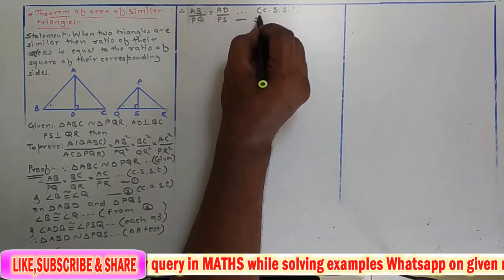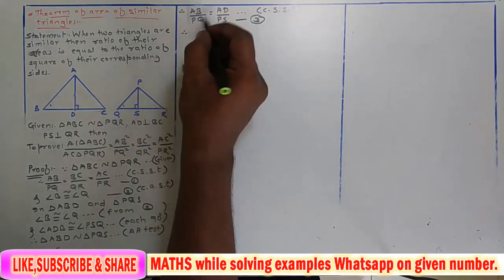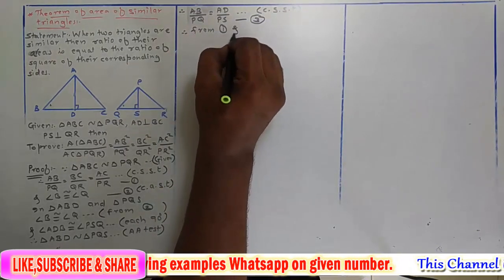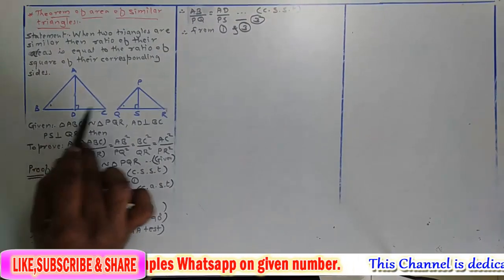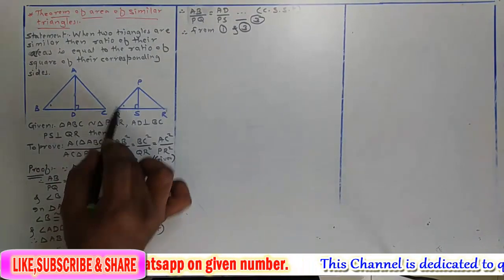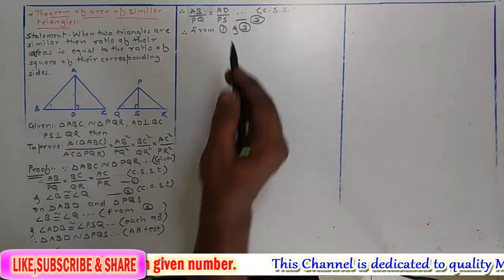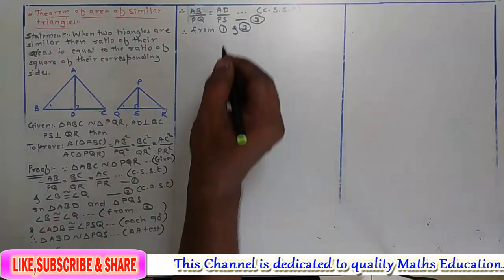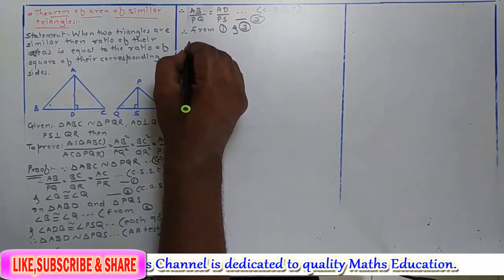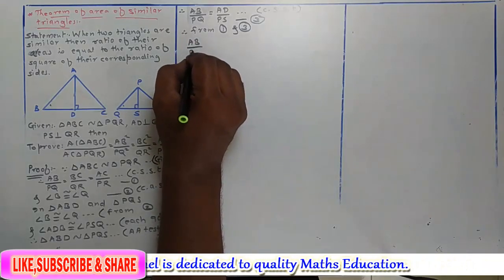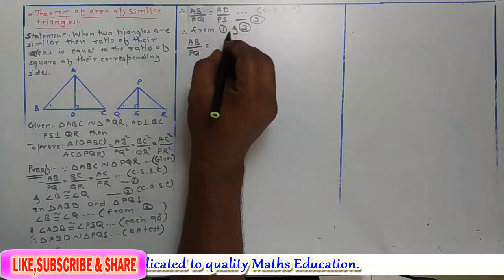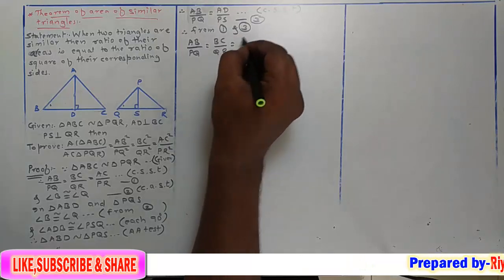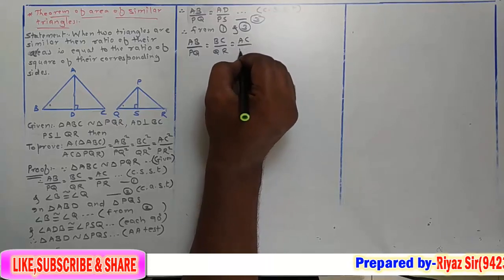इसको number देंगे equation number 3, and therefore from 1 and 3. अब यहाँ पे थर्ड रेशो BD अपॉन QS, इसकी जरूरत नहीं है अपने को, कहीं भी प्रूफ के अंदर उसका यूज नहीं हो रहा. ओके, सो वी कांट टेक दैट रेशो हियर. ओके, एंड देयरफॉर फ्रॉम 1 and 3, equation 1 is AB upon PQ is equal to BC upon QR is equal to AC upon PR.